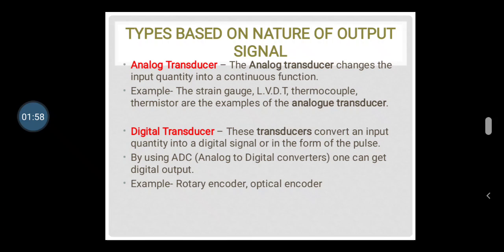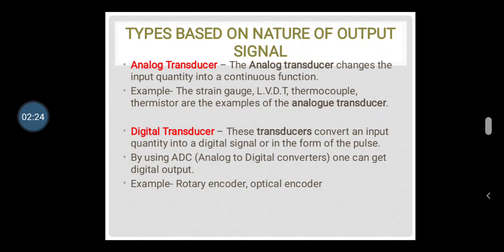What is the digital transducer? These transducers convert an input quantity into a digital signal or in the form of pulses. This type of transducer converts an input physical quantity into discrete steps of electric output in the form of pulses. The output is a digital signal. So by using an ADC, what is an ADC? Analog to digital converter.